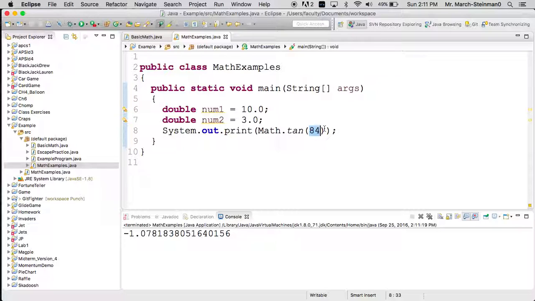So let's say something like sine of 30. Sine of 30 should be negative 0.9. So what this is doing is talking about radians.